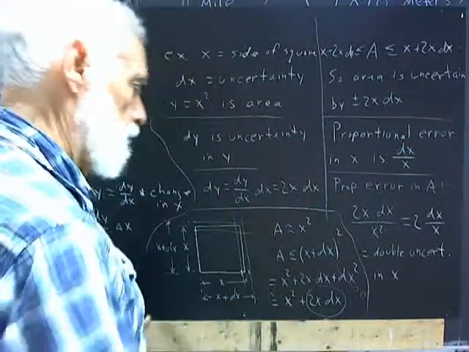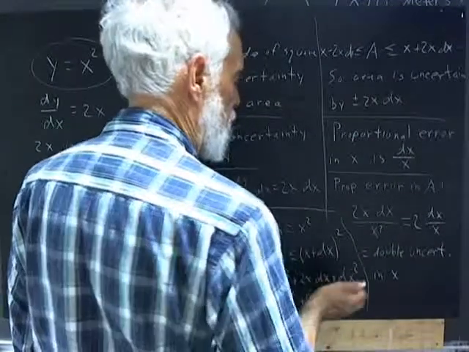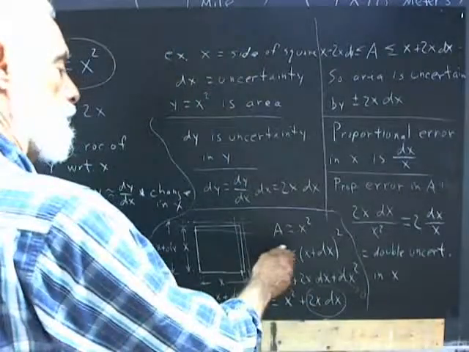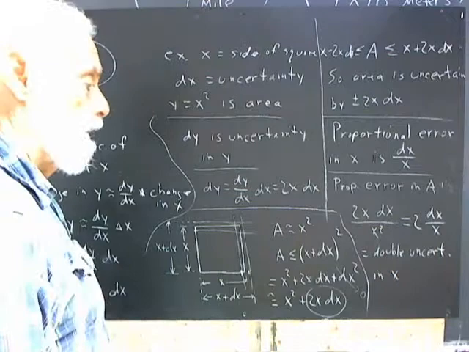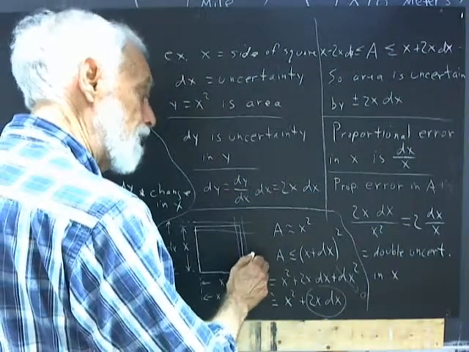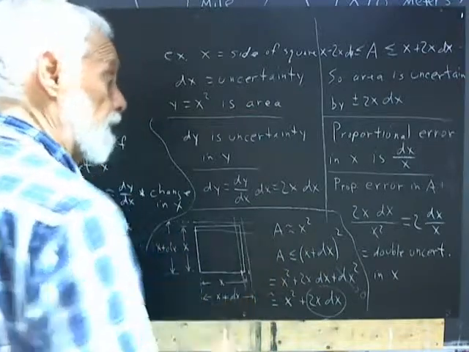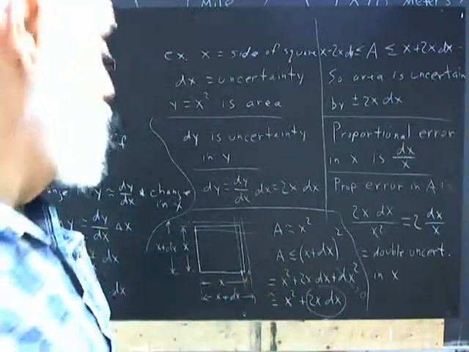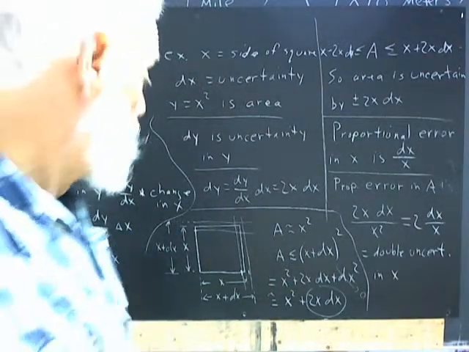Now I could make this a plus or minus. Well, I can't make it a minus because then you wouldn't have the less than or equal. So I could put a greater than or equal to (x - dx) squared on this side, and you should probably do that just for the exercise.